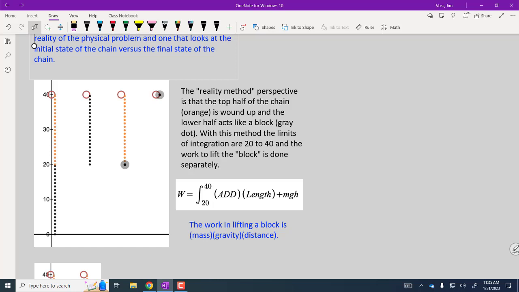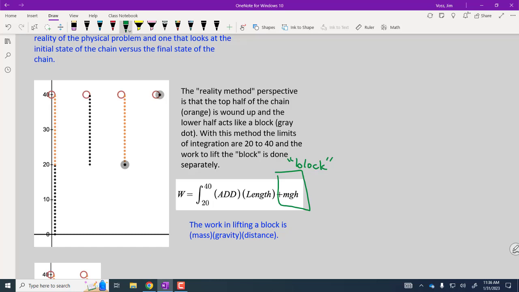Okay, so if we were going to do it that way, there's the reality method here. So the MGH, this is the block. And it's just a dangling cable. And then this part, we'll do the ADD length. And we are winding literally from 20 to 40, right?